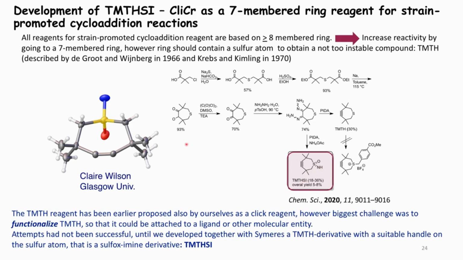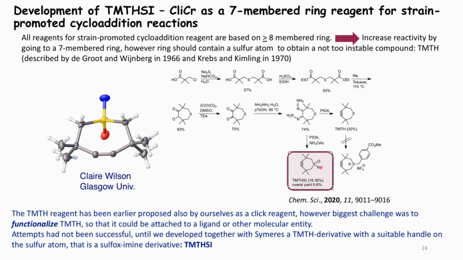Now, we determined the structure, of course, in collaboration with Claire Wilson of Glasgow University, and here you can clearly see the strained angle of the alkyne. This angle wants to be released, and it really wants to be released very easily, giving rise to a very reactive derivative.